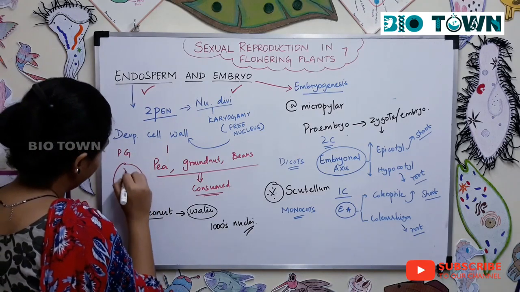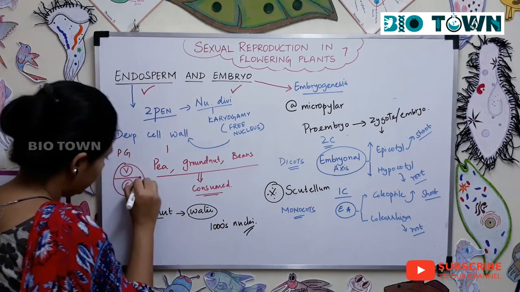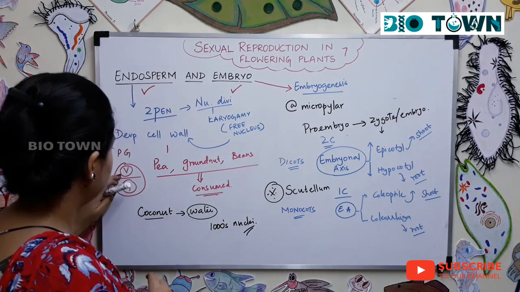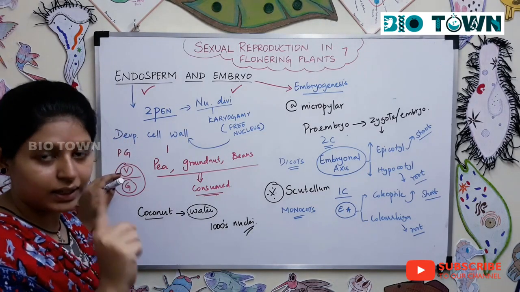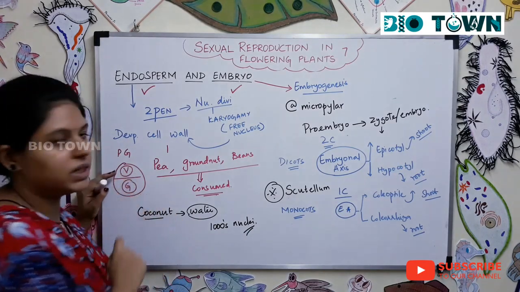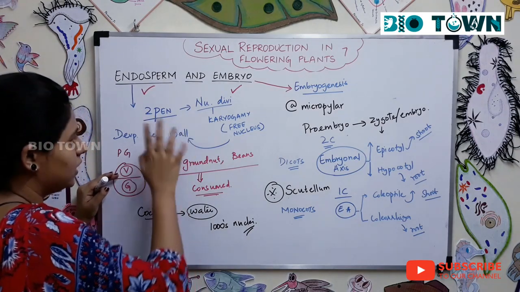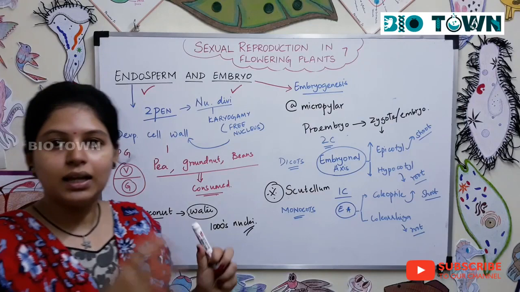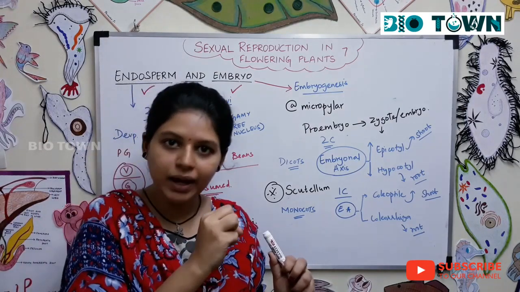Right? Last class I told you there's a pollen grain. It has a vegetative nucleus and a generative nucleus. Clear? And now what happens? This vegetative nucleus goes and fuses with the polar nuclei. Clear? This polar nuclei along with the vegetative nucleus is what is the 2-PEN stage. Now what happens after fusion? All the 3 nuclei are fused together.